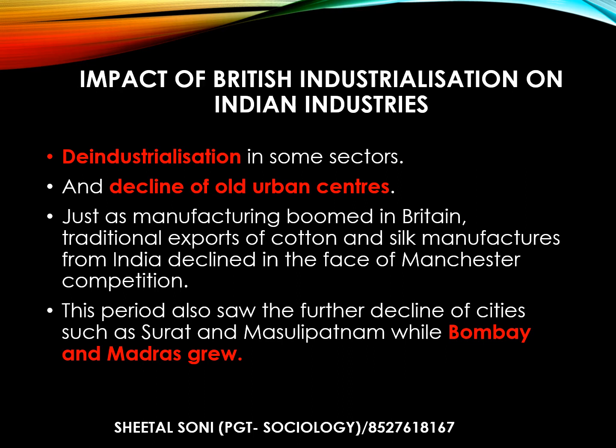So our own silk or the raw cotton which was going outside saw a very good decline because they were not able to face the competition from abroad. Secondly, the cities which were developed earlier, like Surat and Masulipatnam, which were developed before the colonial rule, started declining and new cities started growing, like Bombay and Madras.